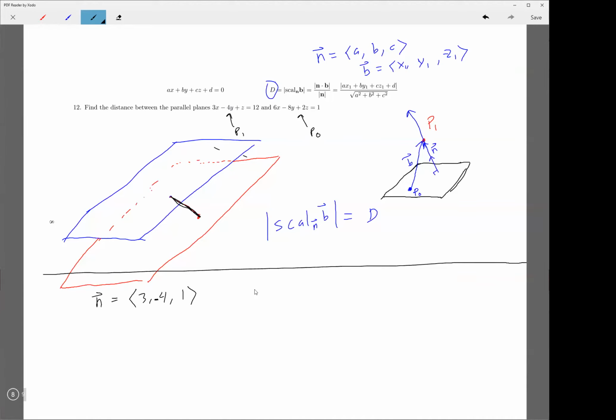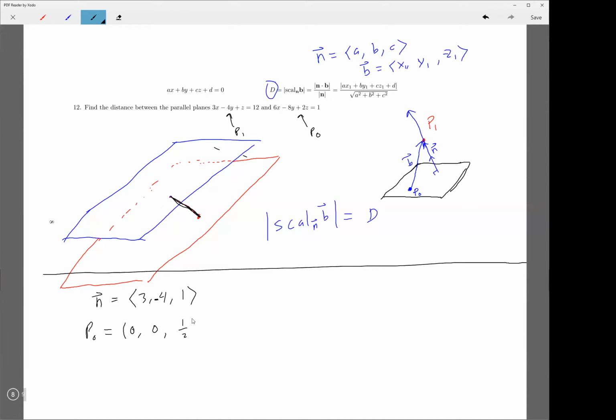We just need to choose any point from there. We'll just choose the easiest one possible.